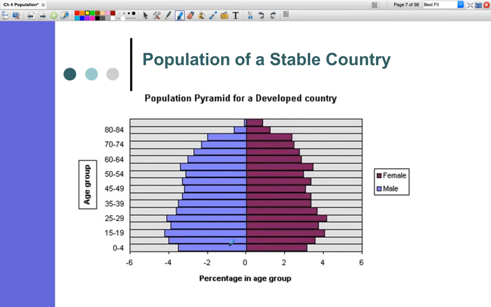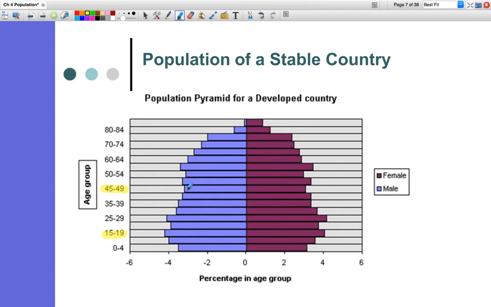Of course there are some variations, but if you look at the percentage in age group down here, the difference in percentage between our 15 to 18 and our 45 to 49 is somewhere between -4 and -2%.